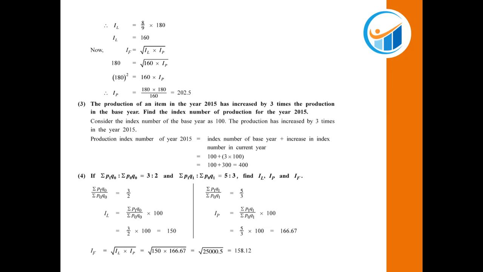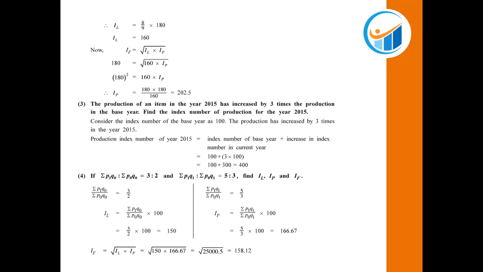That is the first step you keep in your mind. Now directly in the sum you can see on your screen that IP is equal to, now this IP we make into the denominator. From multiplication we transfer it into division, and we get IP is equal to 180 into 180, and that 160 which is in multiplication with IP goes into the denominator. So your answer of IP will be nothing but 180 into 180 divided by 160.